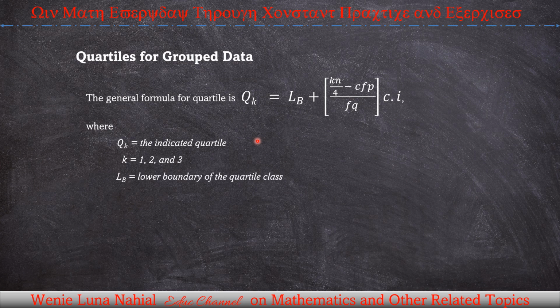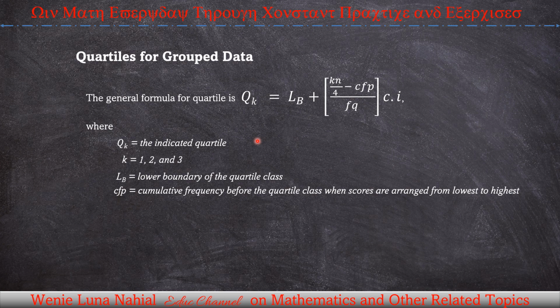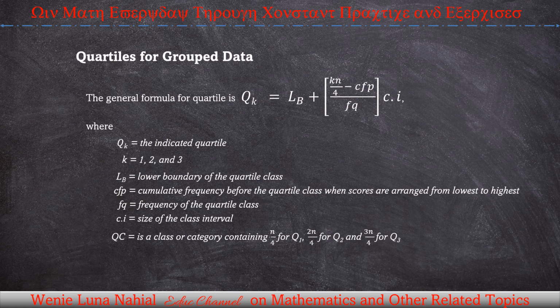LB, the lower boundary of the quartile class. CFP is the cumulative frequency before the quartile class when scores are arranged from lowest to highest. FQ, that is the frequency of the quartile class. CI is the class interval. QC is a class or category containing n over 4 for Q sub 1, 2n over 4 for Q sub 2, 3n over 4 for Q sub 3.